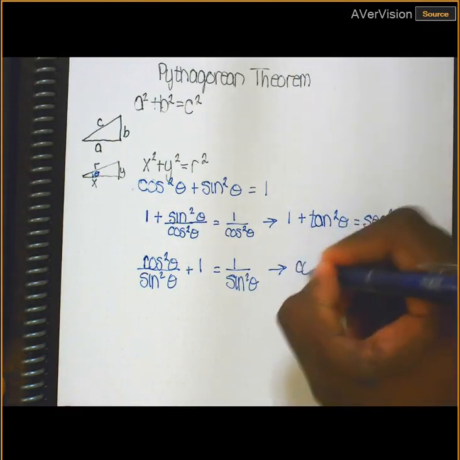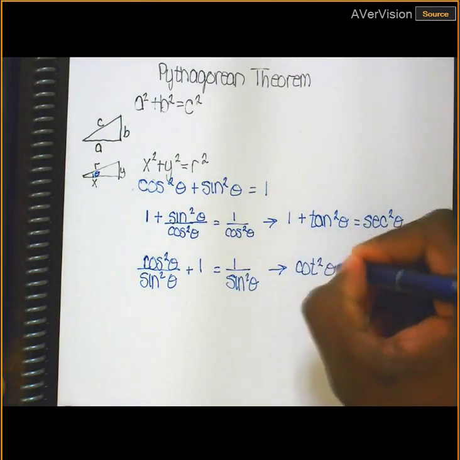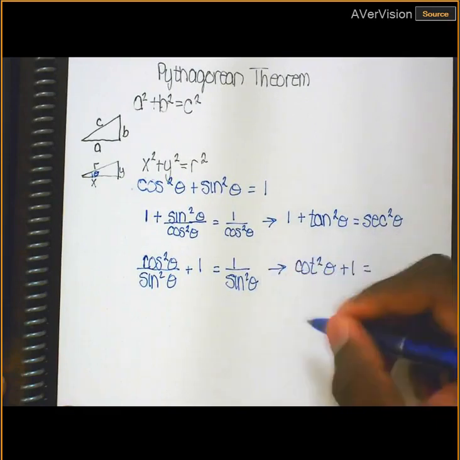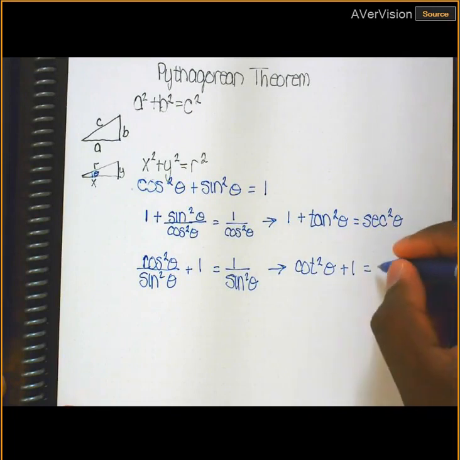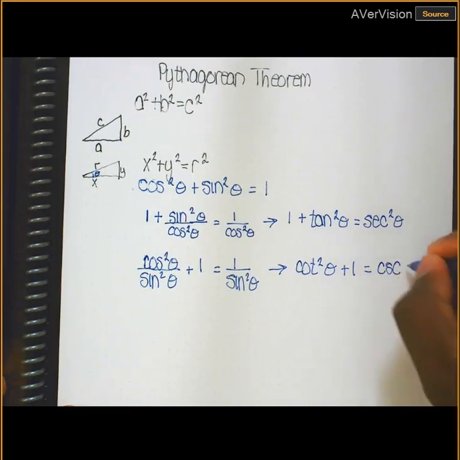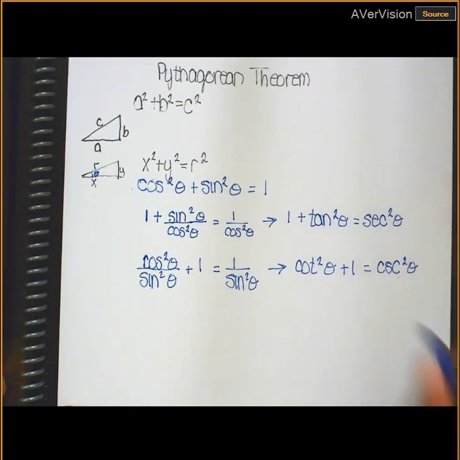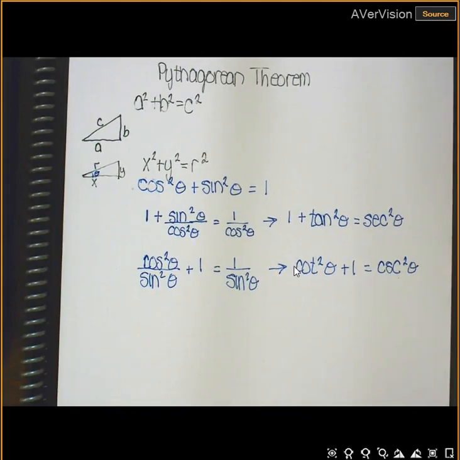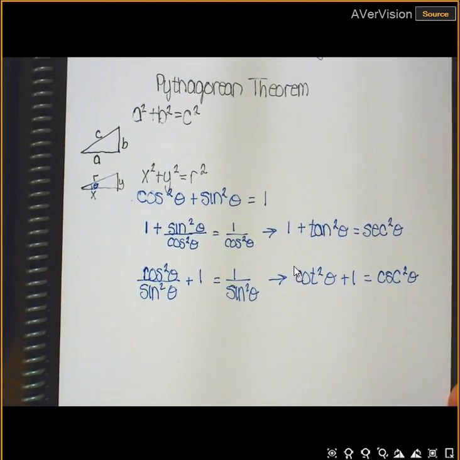Yep. And what is 1 over sine? Yep. All right, so these are the 3 ways to represent Pythagorean's theorem using trig functions.